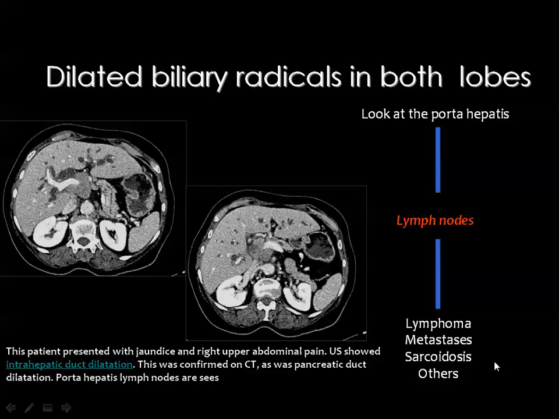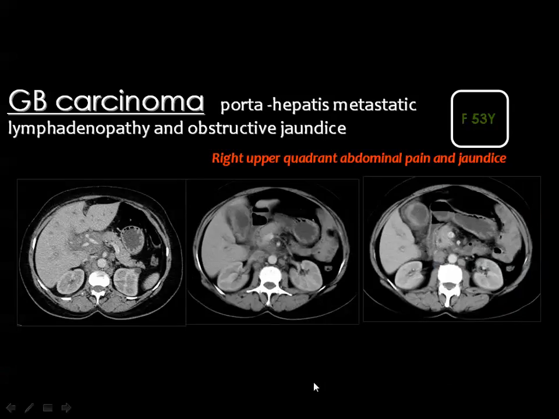If there is a non-primary malignancy, you may suspect the metastasis. If there are other stigmata of lymphoma, you may suspect lymphoma, and so on. Then look at this case, and you see that this gallbladder is slightly distended. The wall is considerably thickened, especially in this area.